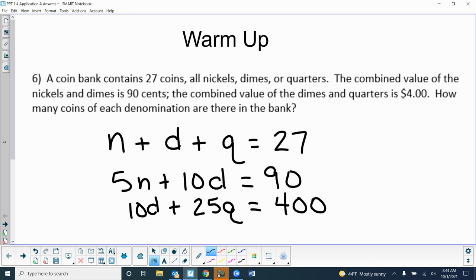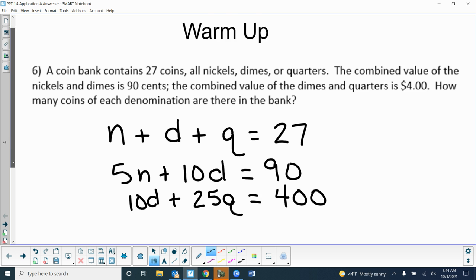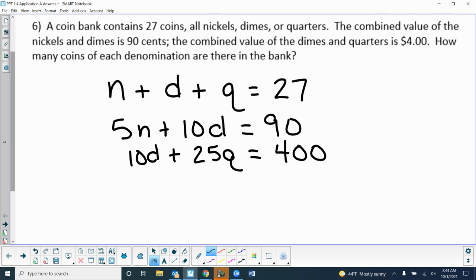Now, when we do our matrix, what did we say about our N's and D's and Q's? Everything's got to be lined up, right? So when we do our matrix A, we got 1, 1, 1. For the middle row, we got 5, 10, and then what? 0, right? No quarters in that equation.